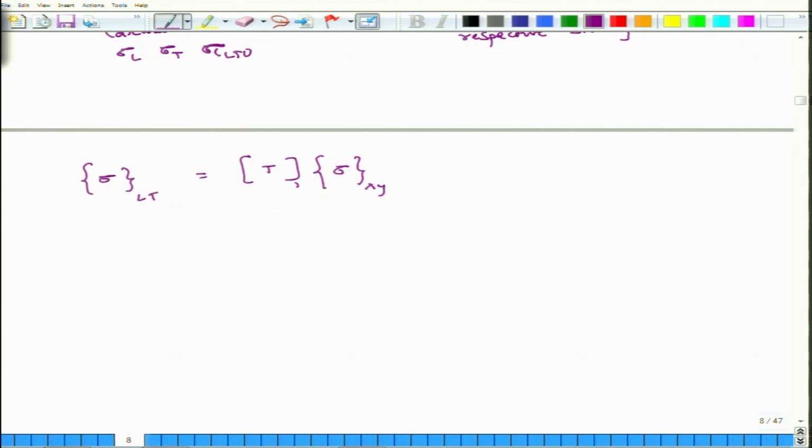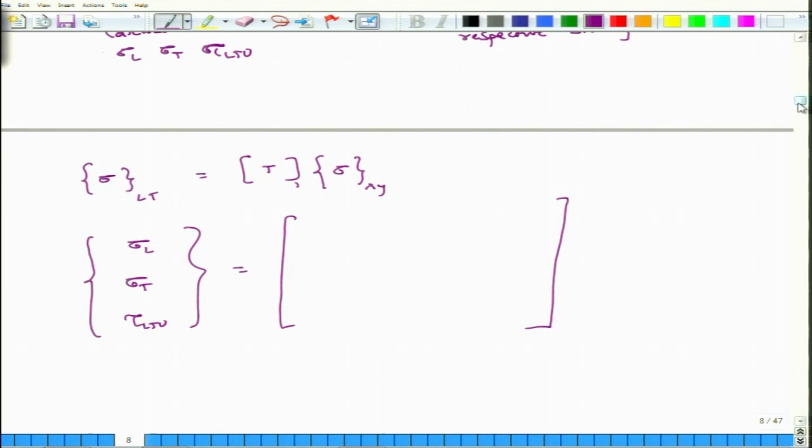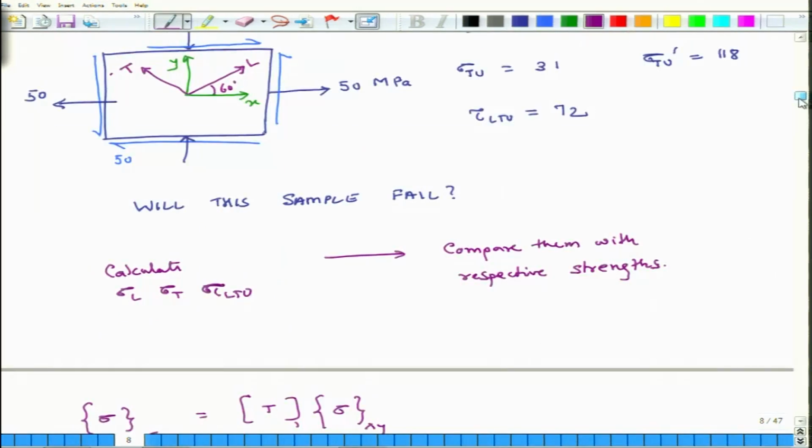So, using this we will just directly calculate. So, sigma L, sigma T, tau LTU equals, and this matrix depends on this theta, right, and theta is 60 degrees.